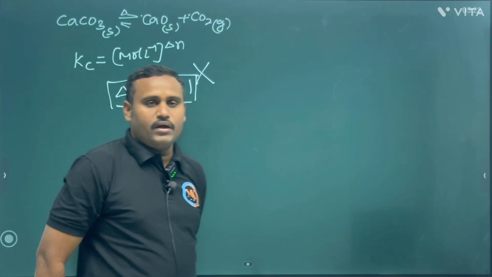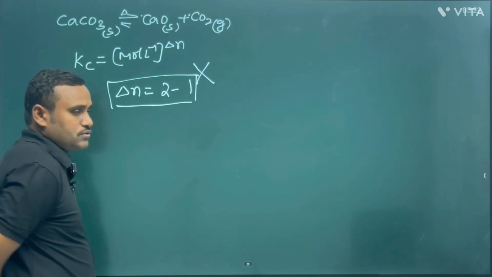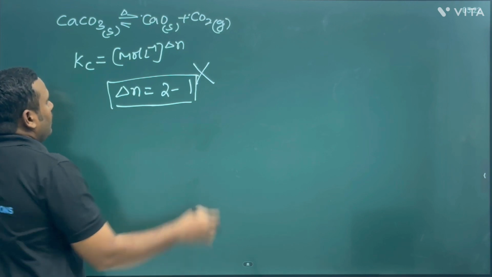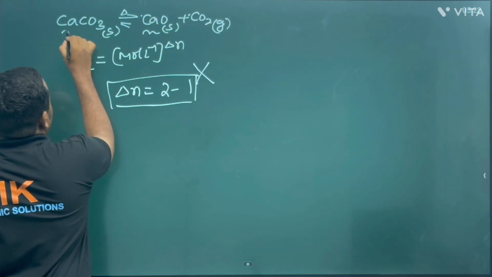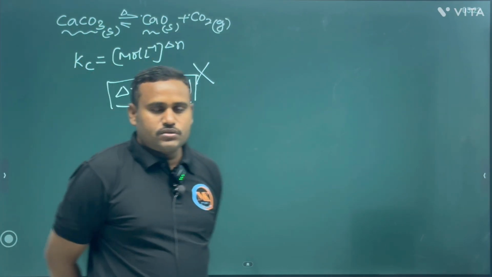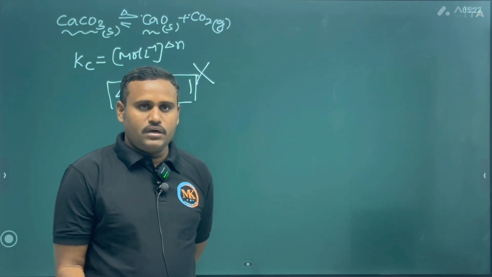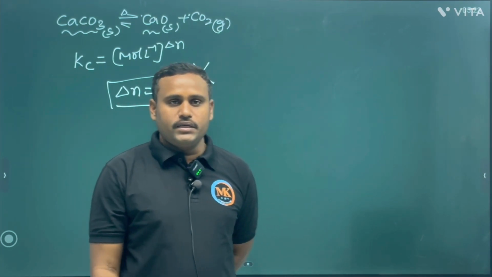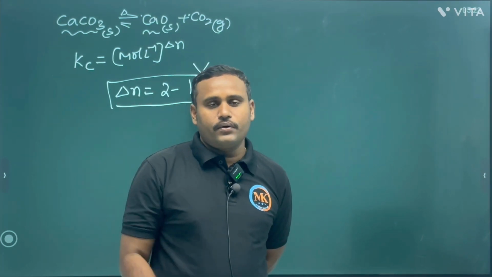Why? You are not supposed to take delta n like this. Here CaO is solid and CaCO3 is also solid. So what is the molar concentration of a solid? The molar concentration of a solid is unity, 1, we are going to take.